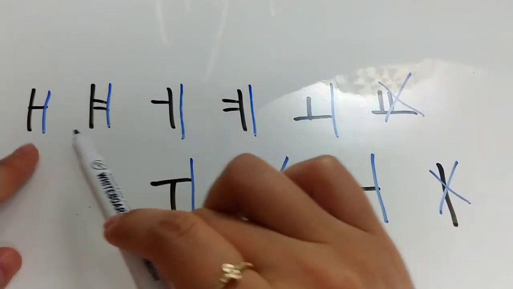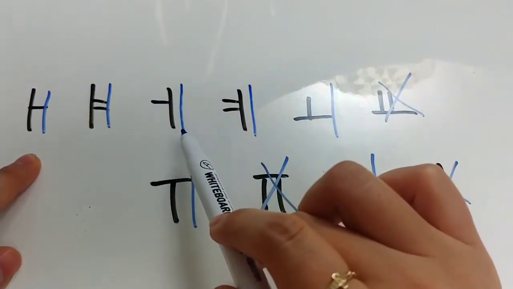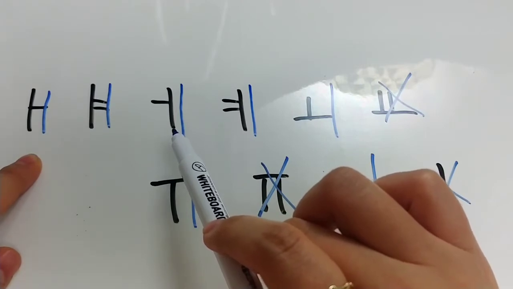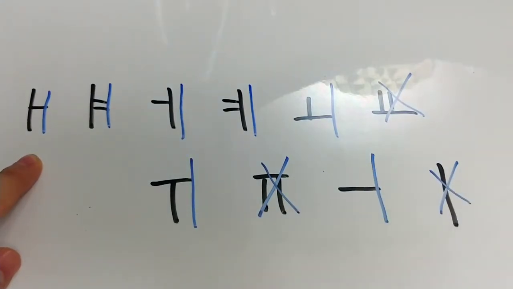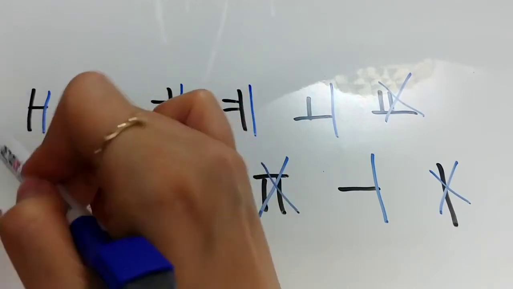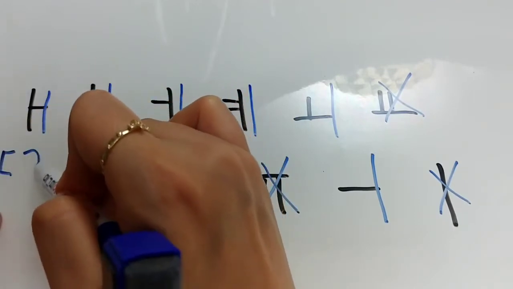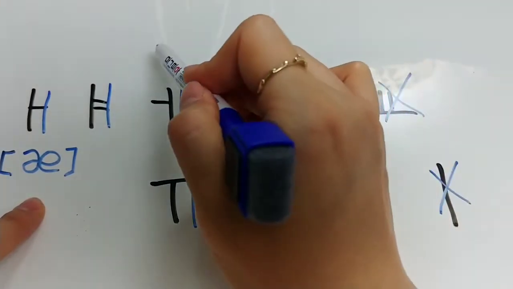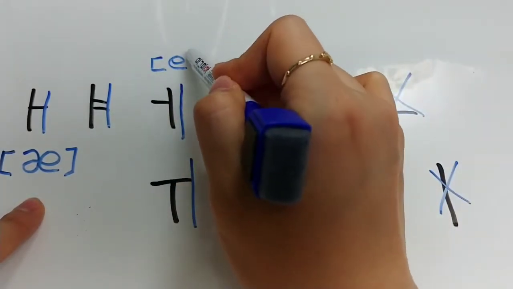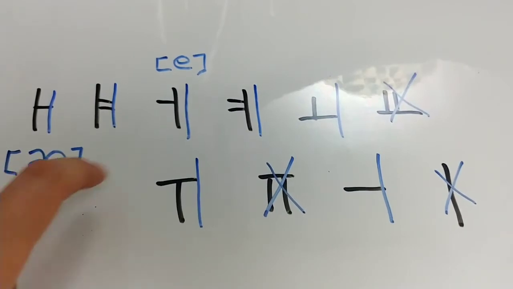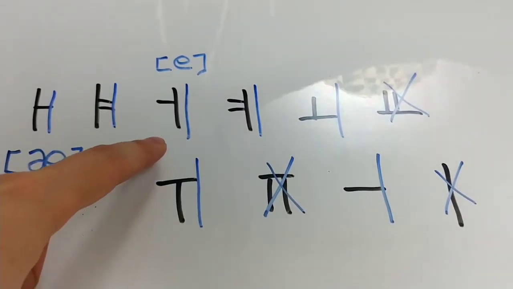Actually, the 에 sound and 에 sound is really similar. So this is even really difficult to find the difference even for the Koreans. But this is more like the short e sound in phonics. And this is more like the other sound, a little bit wider and a little bit lighter.